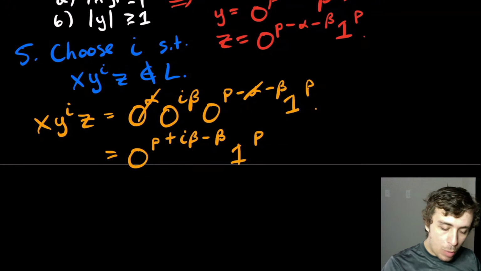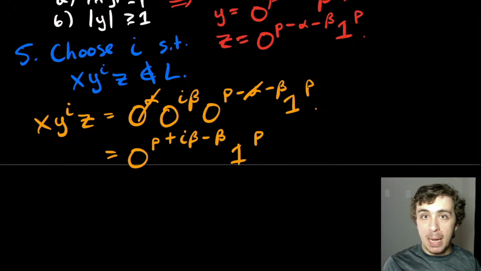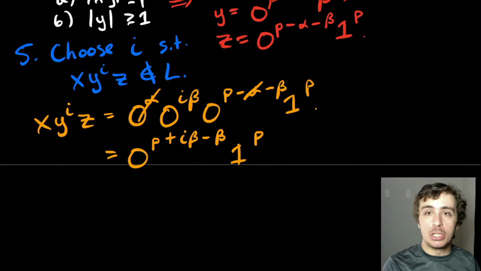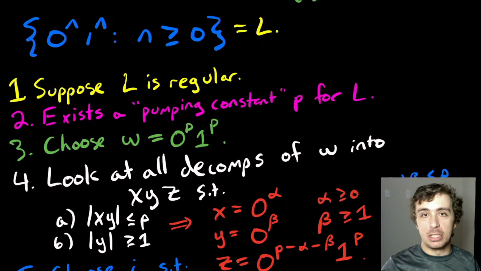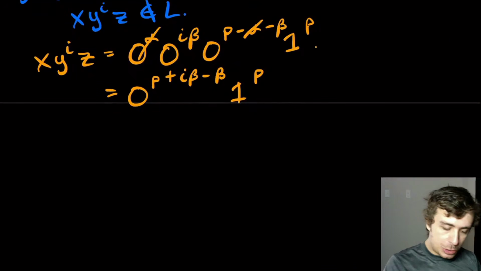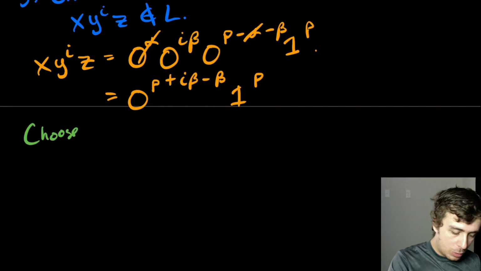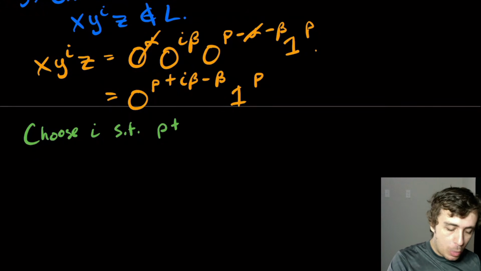So the only way that this string could ever possibly be in the language is if these 2 exponents are the same, because that's what the definition of the language is. So what we need to figure out is to choose an I, which is what we're trying to do anyway, such that the two exponents are different.